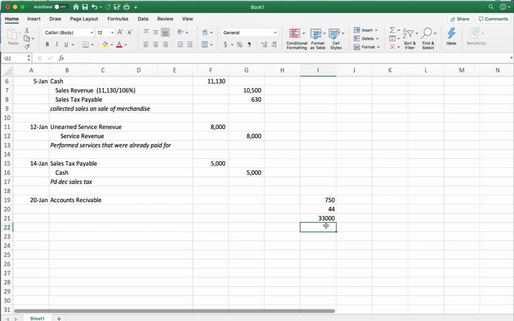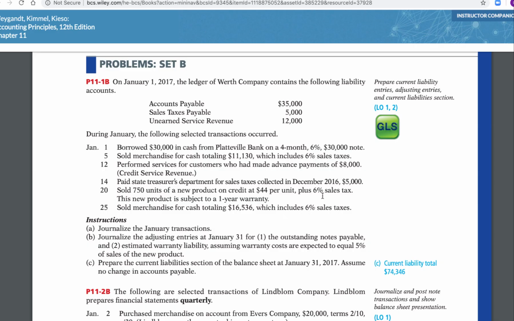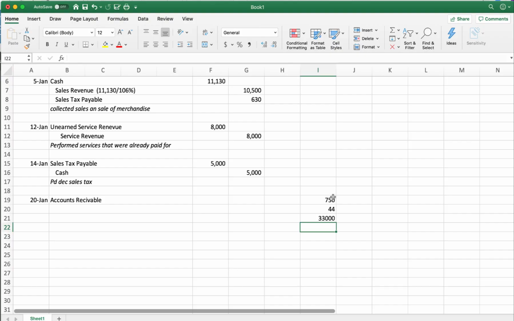So I have $33,000 worth of sales. Okay, I collected tax on this. I collected 6% of tax.